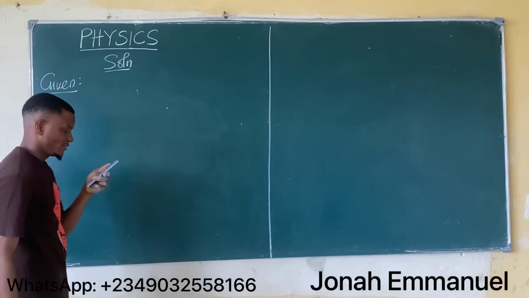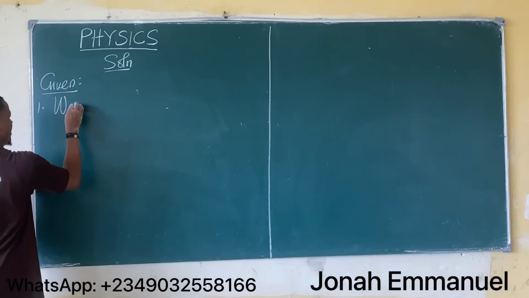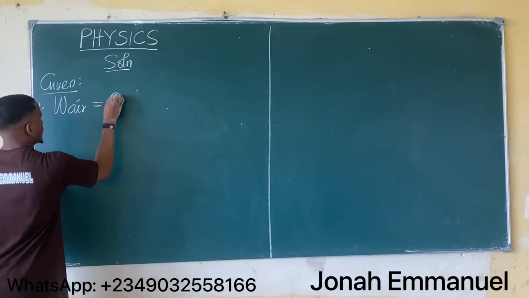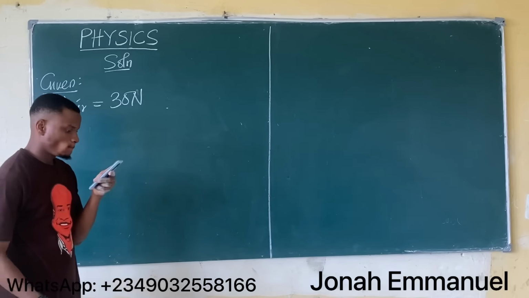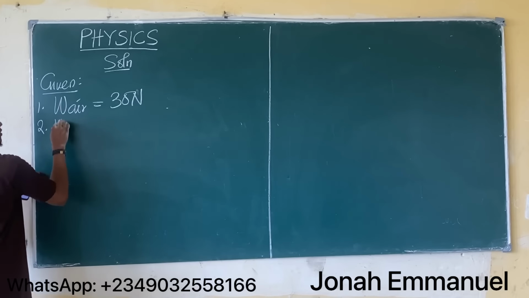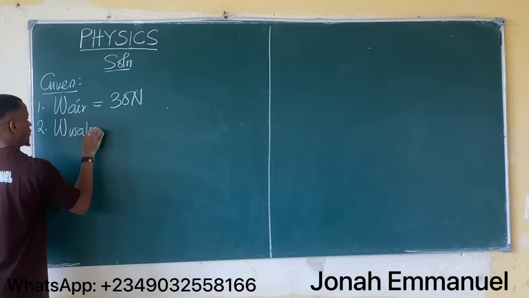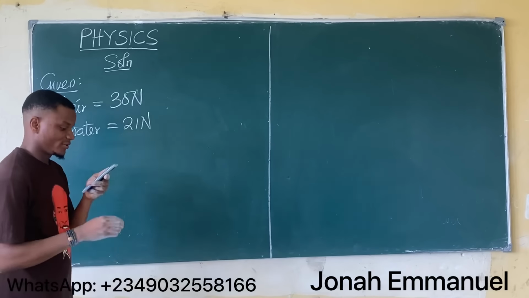Number one, an object weighs 30 Newton in air, so weight in air is equal to 30 Newton. Next, 21 Newton in water, so weight in water is equal to 21 Newton.